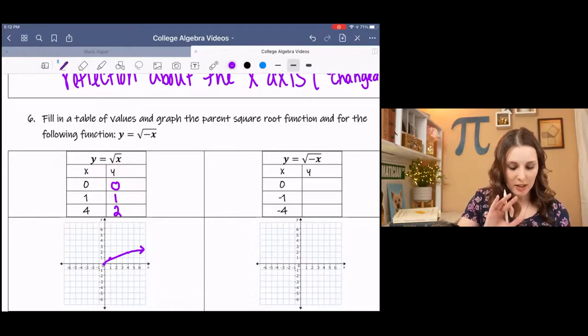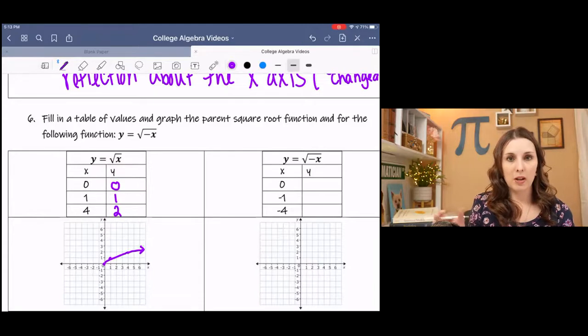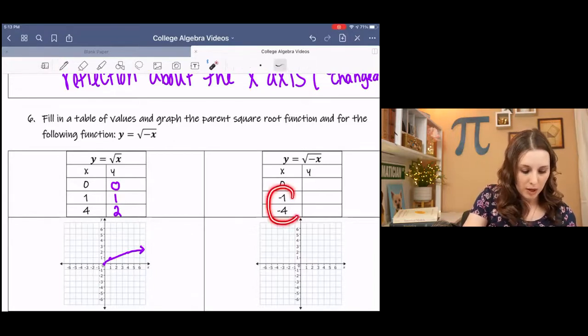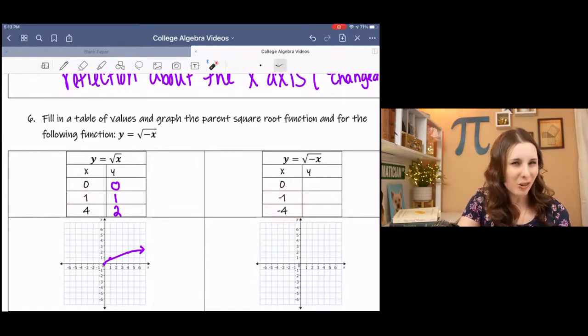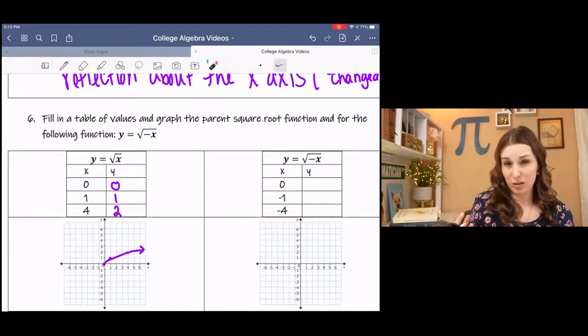And then in the transformed function, I want to do negative x. So my x values are now going to be changing. And I had to use some different values here for my table, because if I tried to do negative x, I can't really take the square root. I can, but not for graphing purposes. And so I changed these so that I could get some values that I could actually take the square root of.